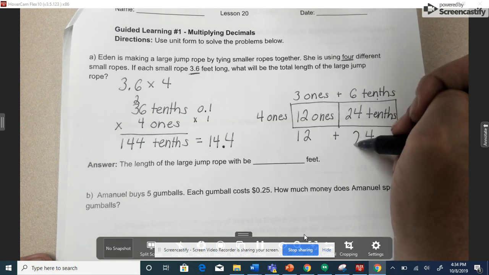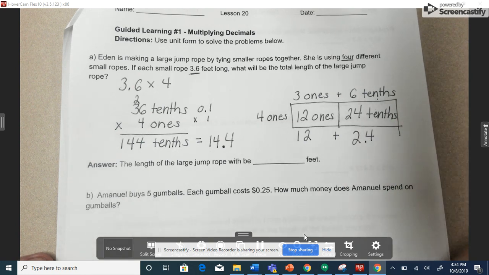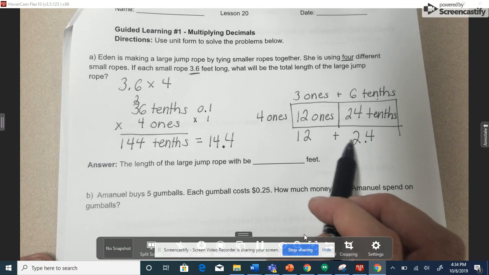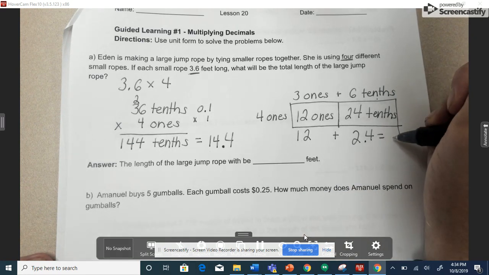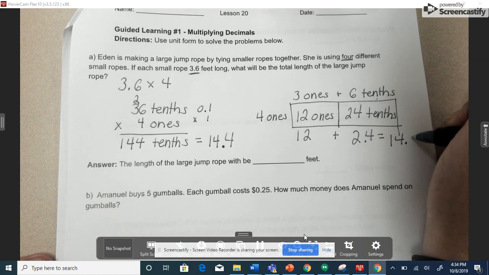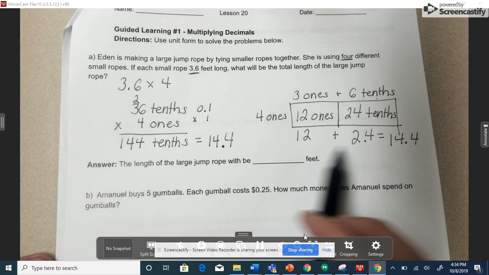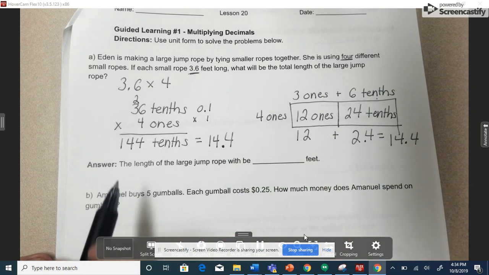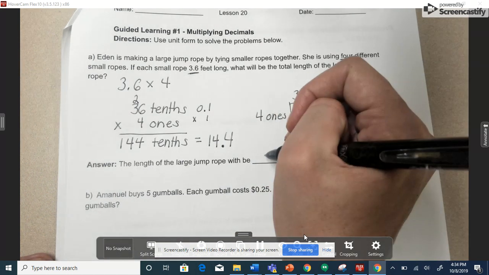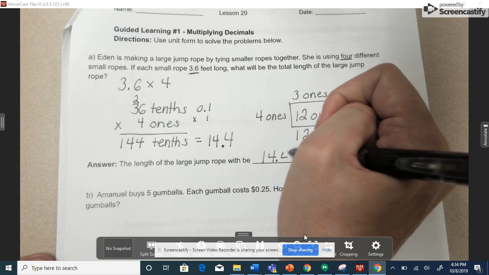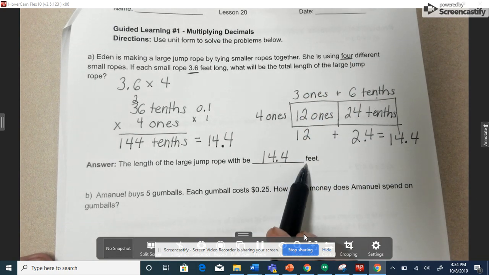And that means I have 2 ones left over. 12 plus 2 4/10 equals 14 4/10, which is the same number I got here. So my answer to the length of the large jump rope will be 14 4/10 feet.